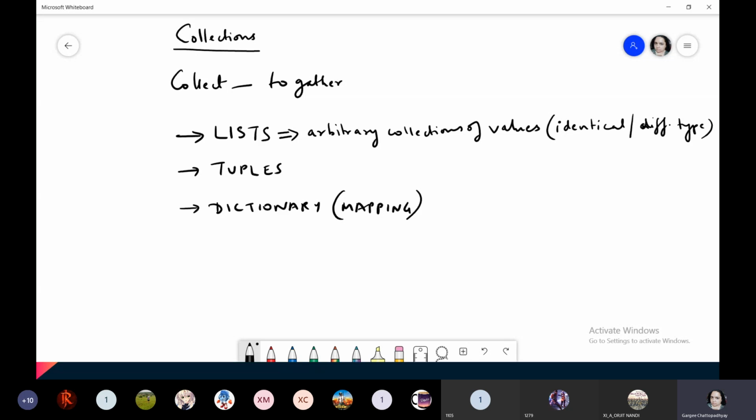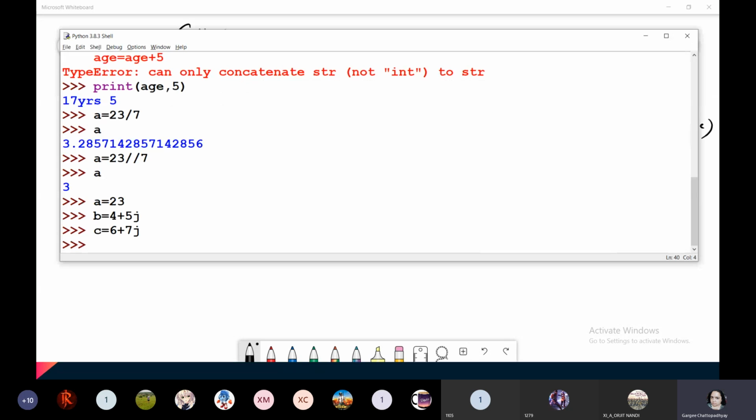Let us see an example of this. I have the Python IDLE open over here. I'm creating a list, numbers. It is enclosed within a pair of square brackets. So I'm just specifying a list of numbers over here.